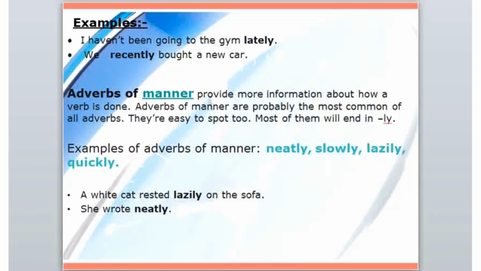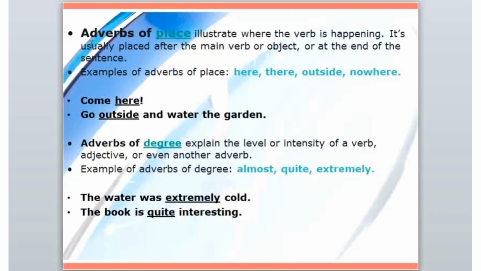Okay, next, adverbs of place. Adverbs of place illustrate where the verb is happening. It's usually placed after the main verb or object or at the end of the sentence. Now the examples can be here, there, outside, nowhere, inside, like that. Okay, and how can it be used in a sentence?